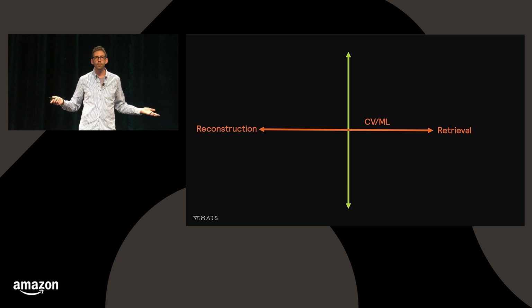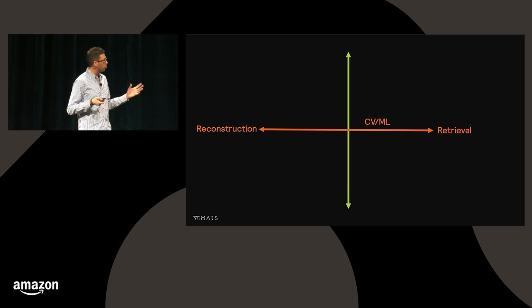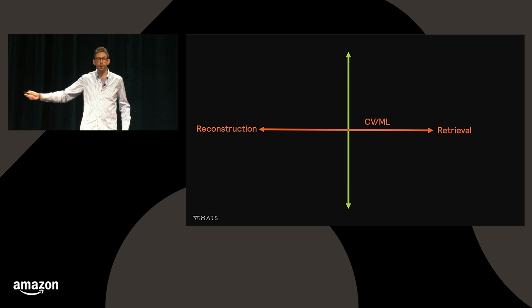Essentially, we had no information about the whole of the product, and we tried to work from complete scratch. Only the information that we were given, we tried to come up with an answer. And on the far other side is the retrieval problem, which is to say, I've exactly seen this before, and I want to reuse it as is. So somewhere in between is essentially where we want to be.